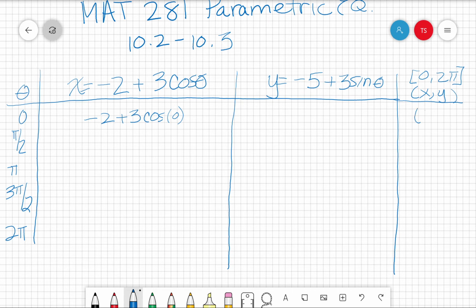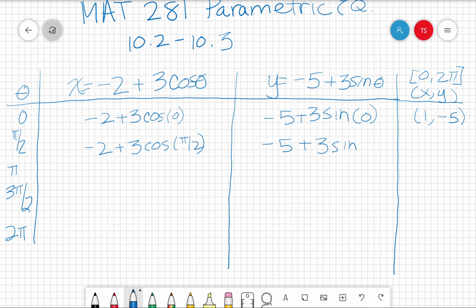And so my x value will be 1, and my y will be -5 plus 3 sine theta, or 3 sine of 0, which will give me 0. So this will be the point 1, -5. And for pi over 2, again, I'm just going to fill in -2 plus 3 cosine pi over 2, -5 plus 3 sine pi over 2.